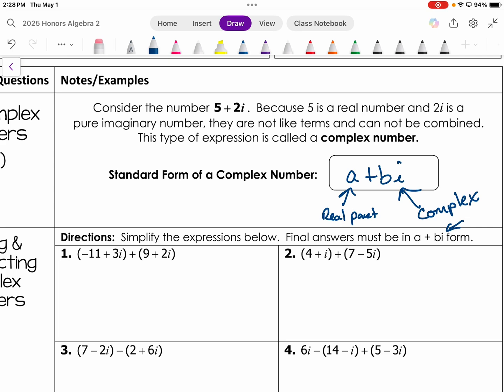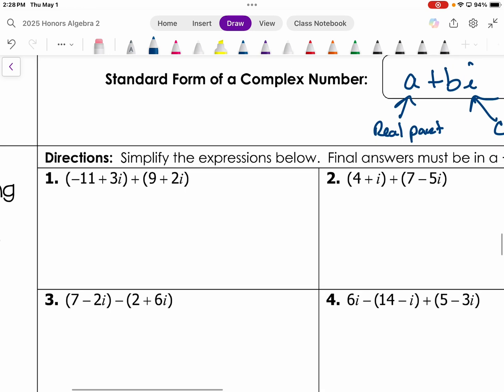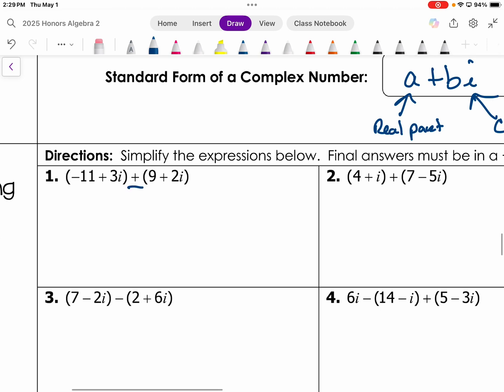So when we're adding and subtracting, like the first 4 problems here, we treat the i like the letter x. We treat it just like a variable. Okay? So on 1, there's no equal sign. I'm not going to solve for the i. We never solve for i because we know i stands for the square root of negative 1. But so here I say, all right, there's a plus sign between the parentheses.